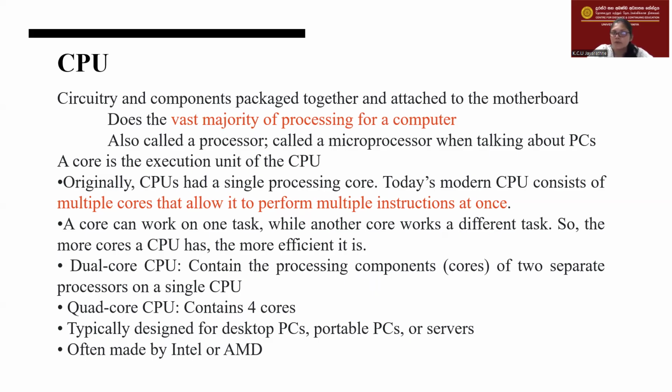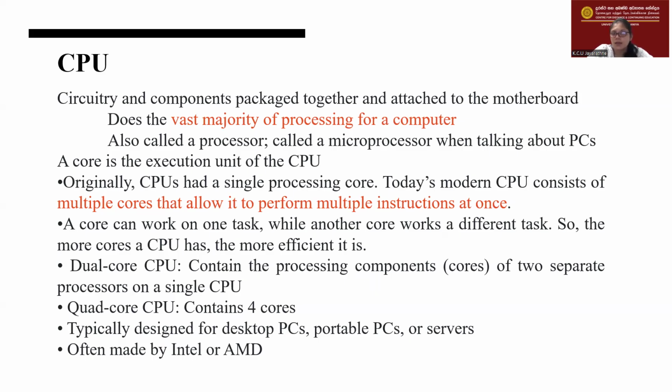A core can work on one task while another core works on a different task. So the more cores a CPU has, the more efficient it is. As a summary, if there are more cores, it is more efficient. If there is one core, it's not that efficient.